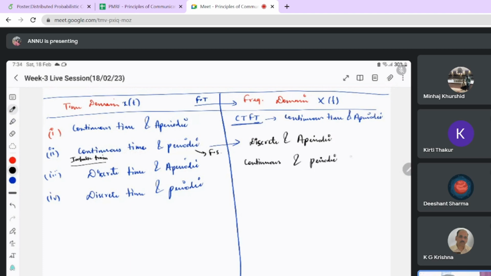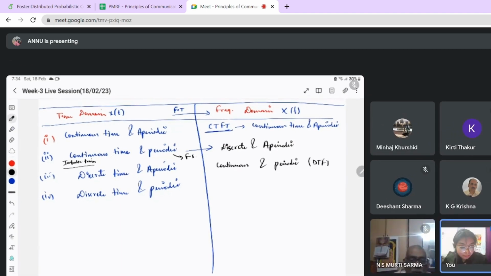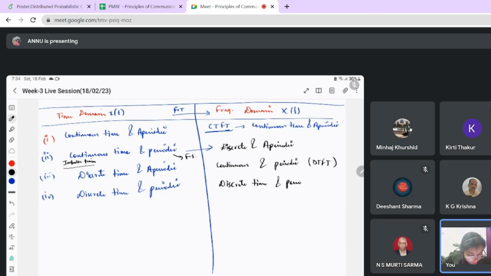It is called DTFT. And when you have the input as discrete time and periodic, the output is discrete time and periodic, and it is called DFT.